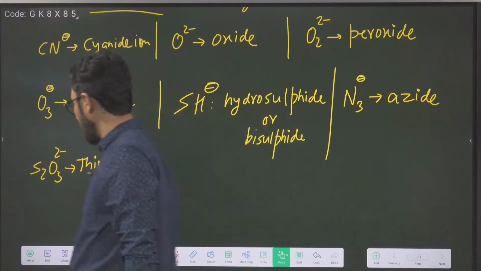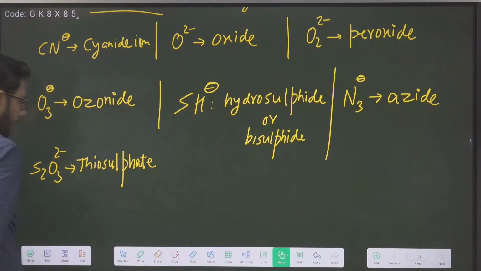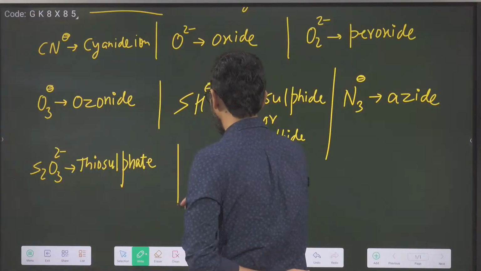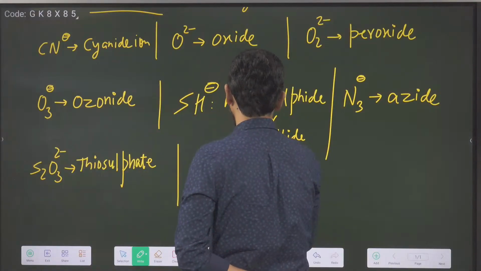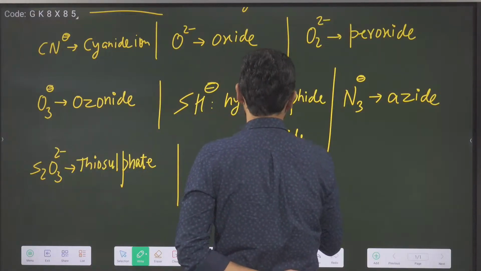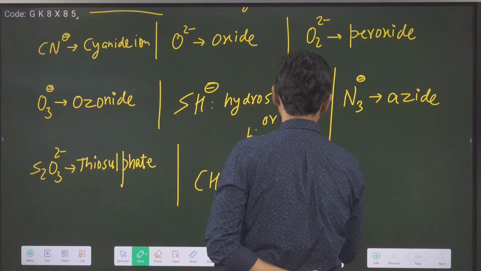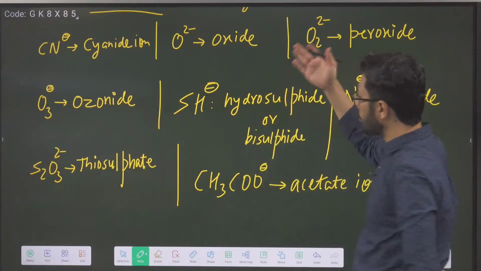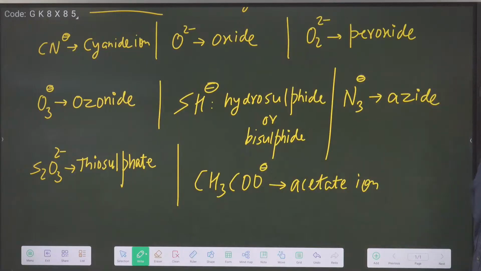Okay, S2O3 2 minus thiosulfate, then CH3COO minus. These ions you already know. They are frequently used here and there in the chapter. So that's why I am writing them, so that once you go through it, anytime they come, you can again refer to the notes.